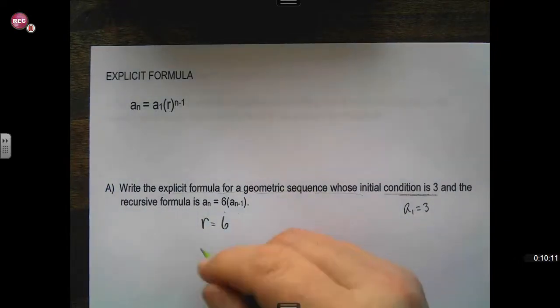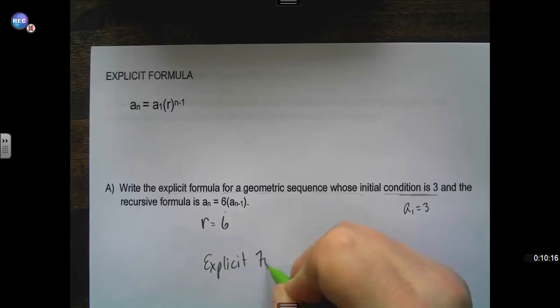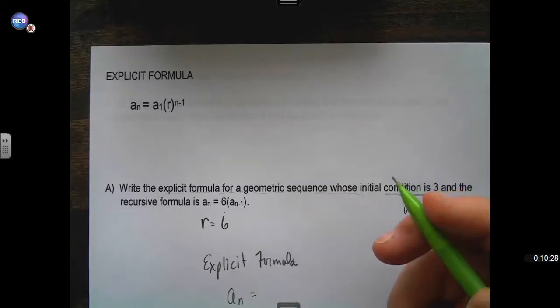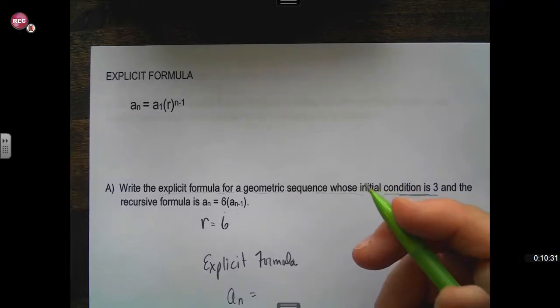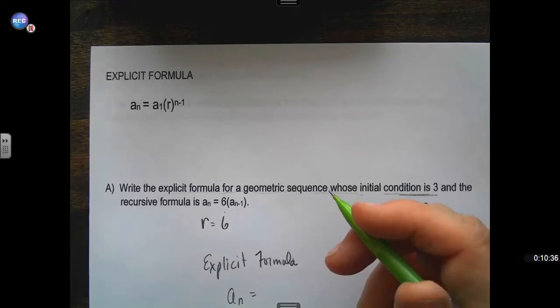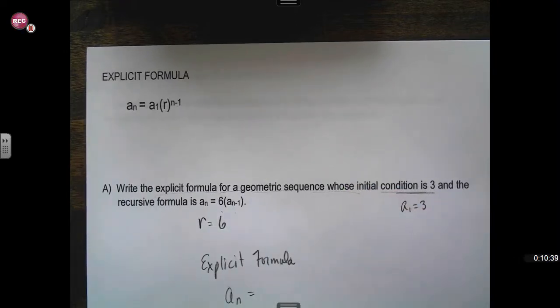So the explicit formula is a sub n equals the first term, which is 3, times the common ratio, which is 6, to the n minus 1.